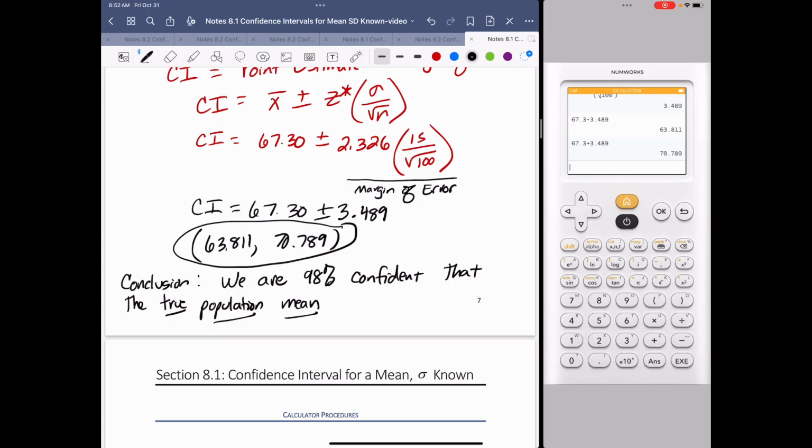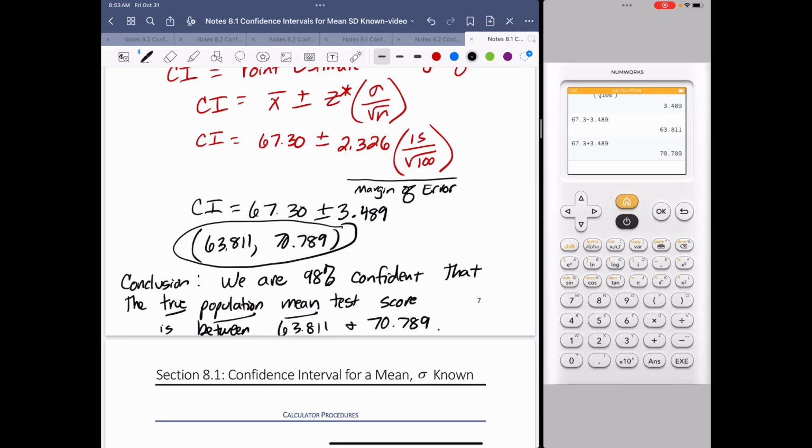Then you want to talk about the problem. So the true population mean test score is between 63.811 and 70.789.